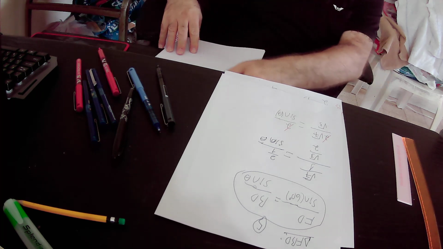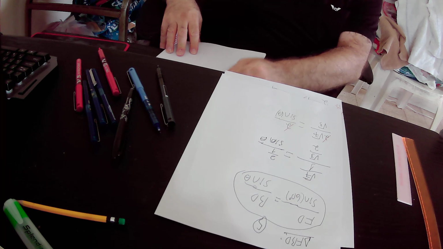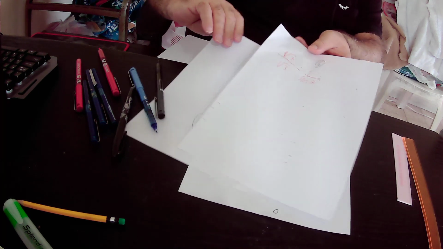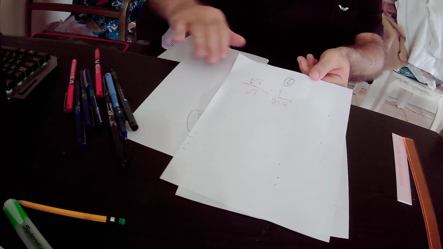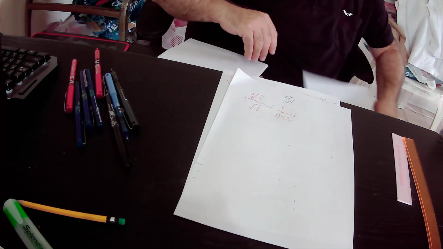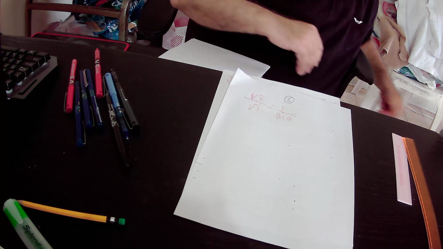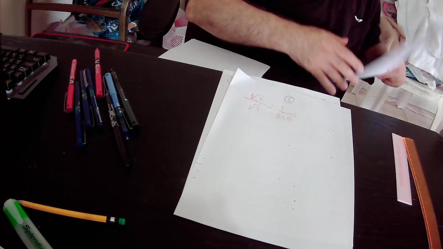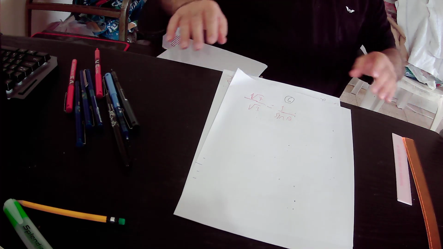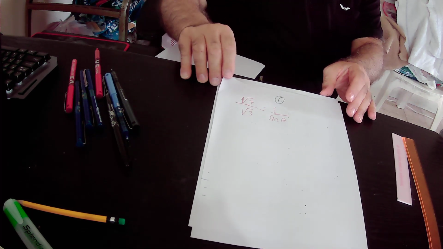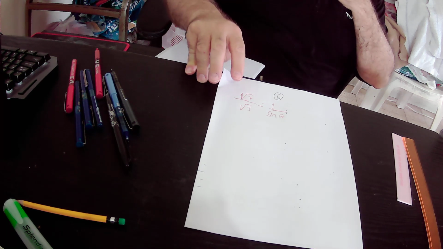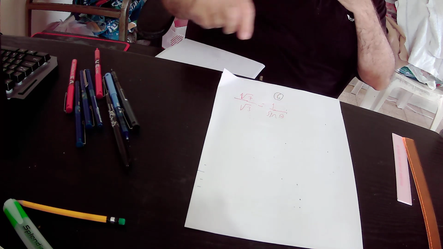Okay, so after we cancel 2, we have root 7 over root 3 equals to 1 over sinus theta.